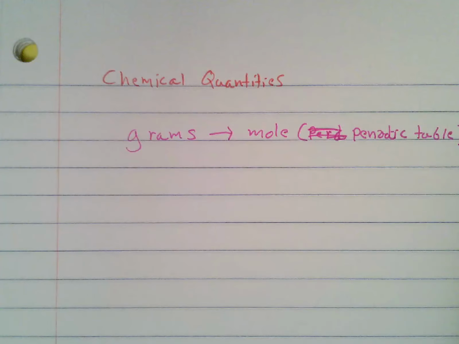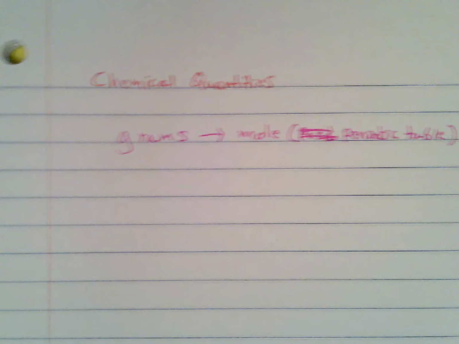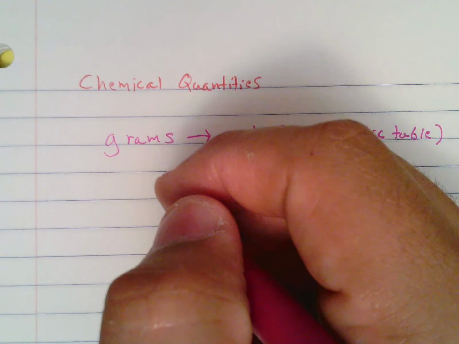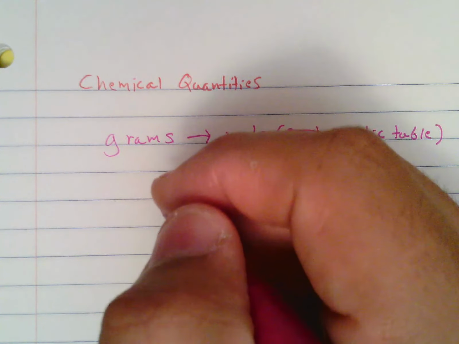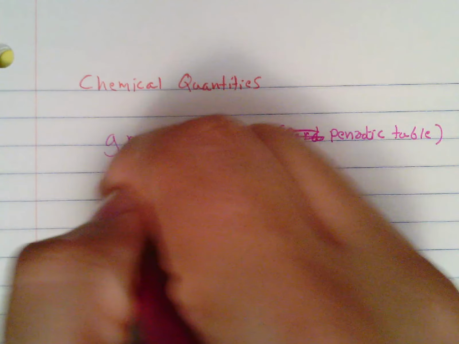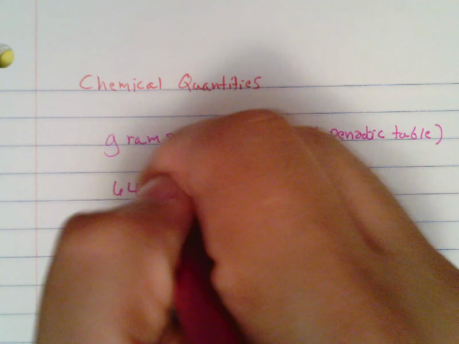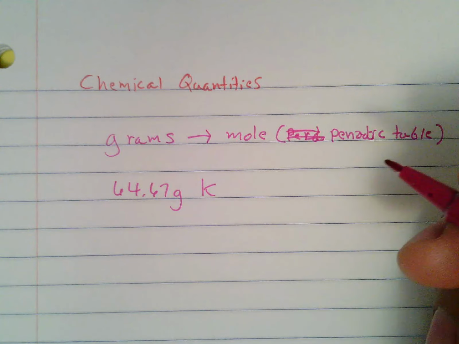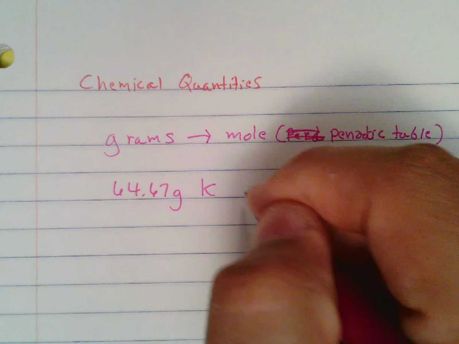And these are going to start off simple with basically your individual elements on their own. So if we start with, I want to take 64.67 grams of potassium, okay, and we're going to convert that into moles of potassium, okay.